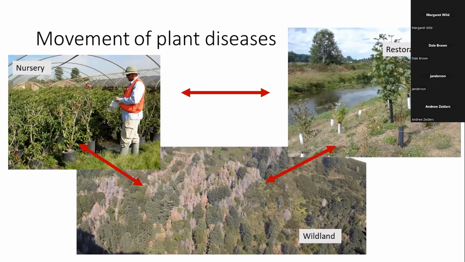It can move into wildlands. We don't really think it moves from wildlands to nurseries. I haven't really seen much evidence of that. And it can also move into restoration sites from a nursery and then into a wildland. So these are ways that Phytophthora and other diseases can move.